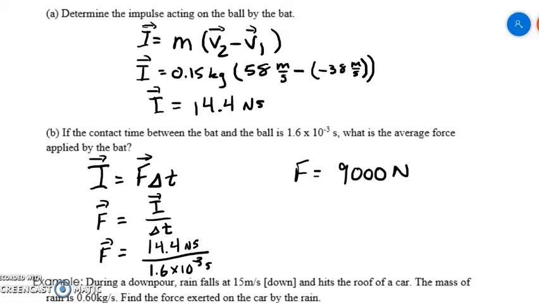That's positive 9,000 newtons, which means it's being applied toward the east. But because the ball started out moving west and ended up moving east, we know that the change happened toward the east, and so it makes sense that the force also was applied toward the east.